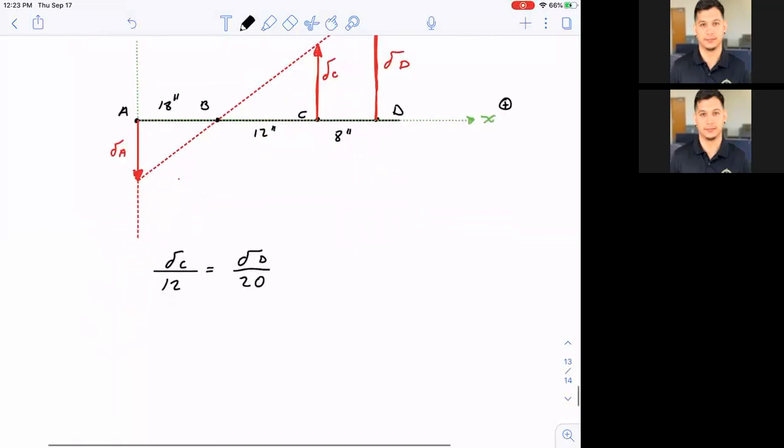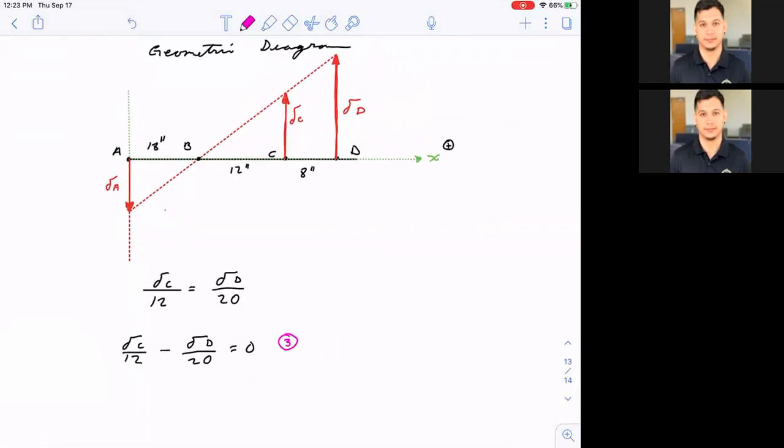All right, so if we bring everything to one side, we'll have displacement at C over 12 minus displacement at D over 20 is equal to 0. Now we have found our third equation.